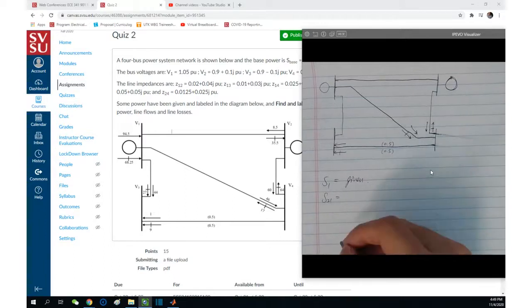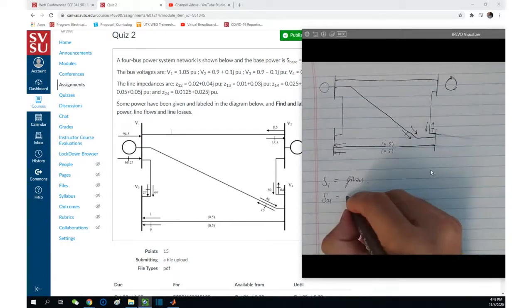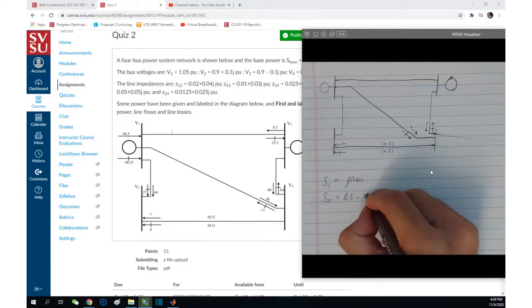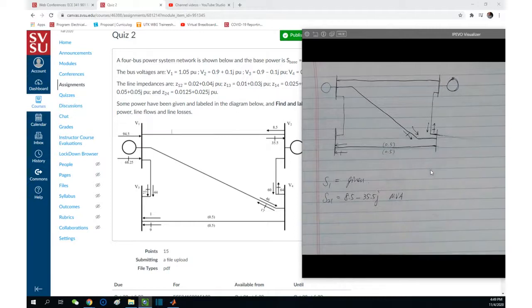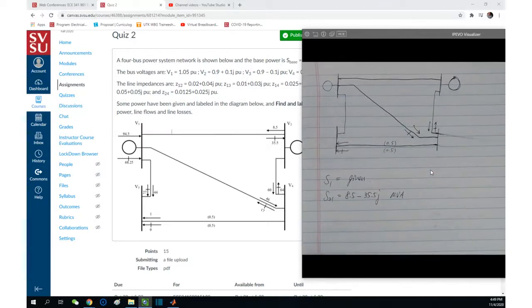And of course, this line flow equals positive 8.5 negative 35.5j MVA. Be careful with the unit. It is here, at the end of V2, so it's S21, not S12.